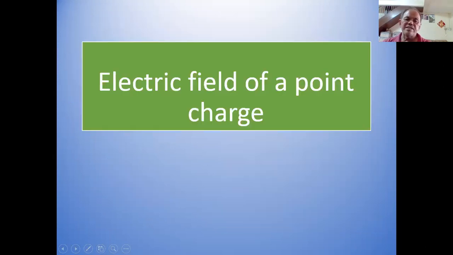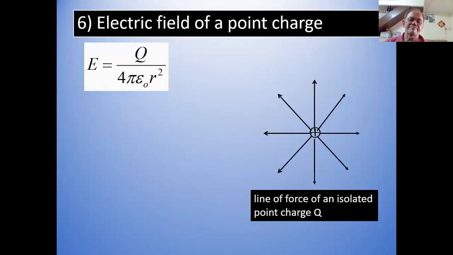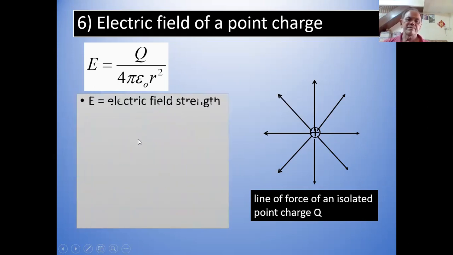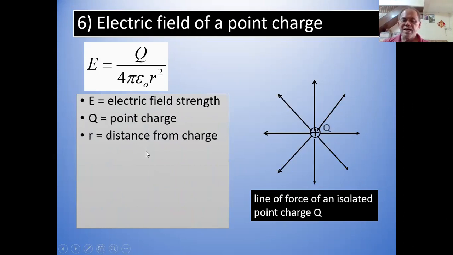Let's look at the electric field of a point charge. There's a formula. You need to memorize it and use it. Know how to derive it. For a test positive charge, the line of force goes out. E is the electric field strength. Q is the charge of the point charge. R is the distance away.